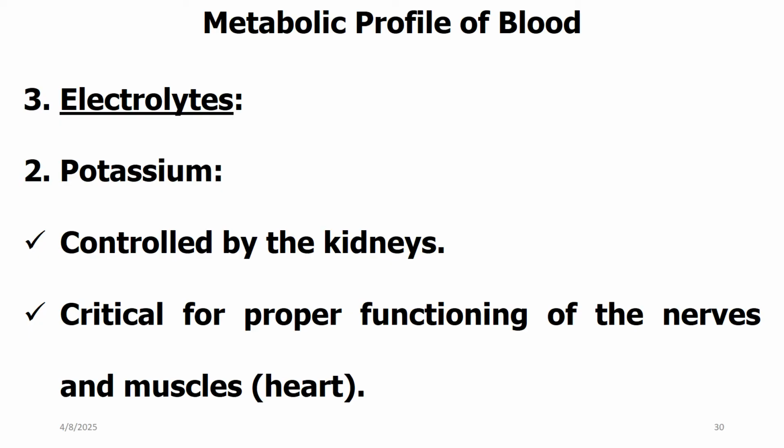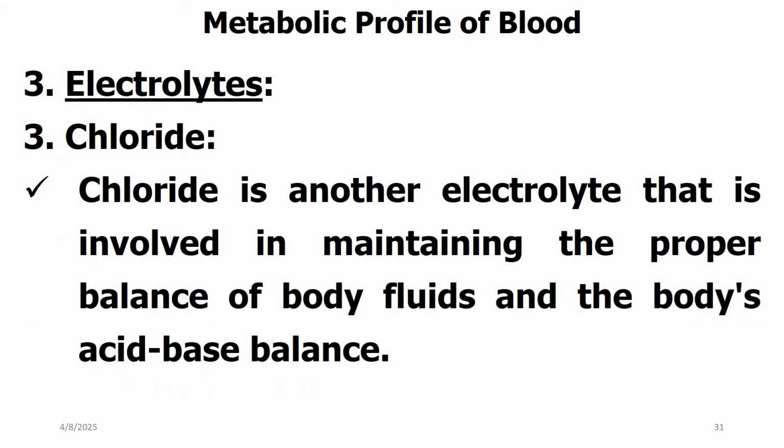So, it is necessary to maintain a balance of these electrolytes. The third is chloride. Chloride is another electrolyte that is involved in maintaining the proper balance of body fluid and the body's acid-base balance.